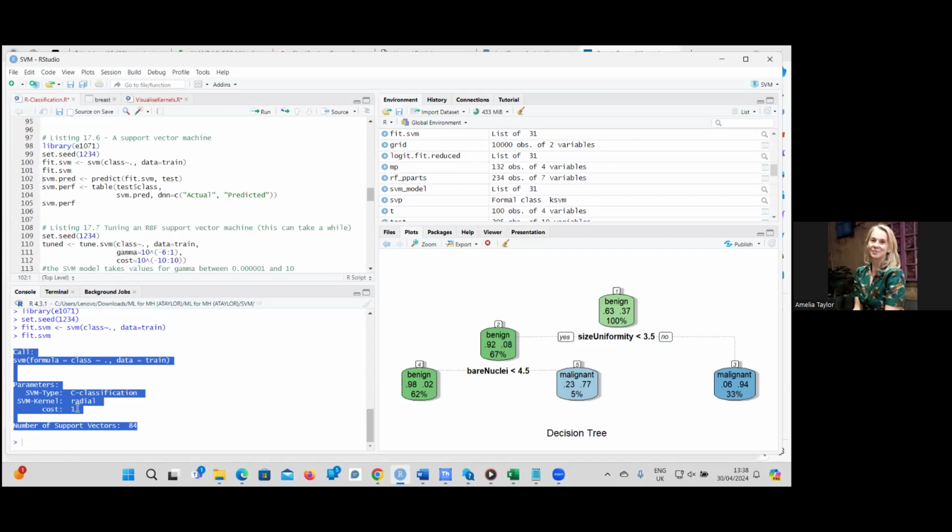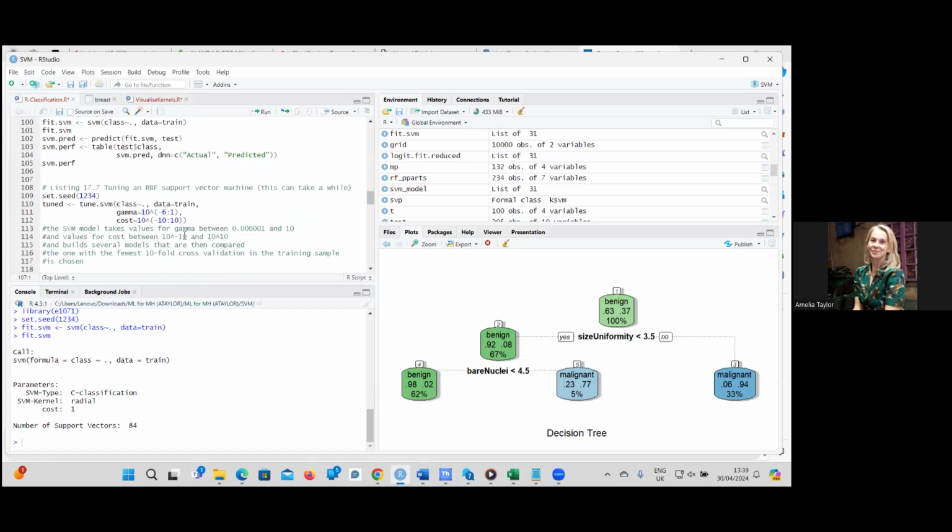By default, the kernel being used is the radial basis function, and this has two parameters. One is called gamma and the other one is called cost. These two parameters are what you can tune, so you can fine tune them to train the support vector machine.